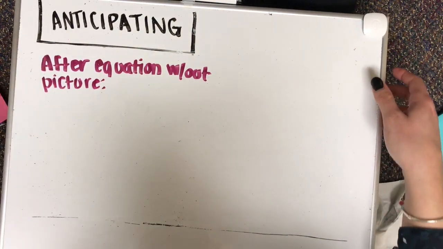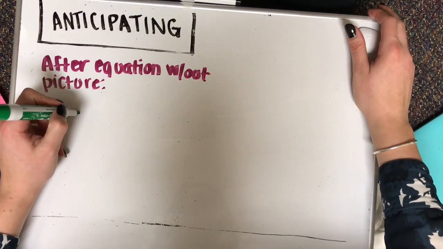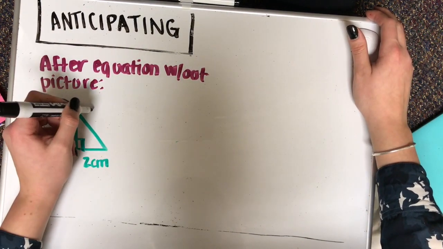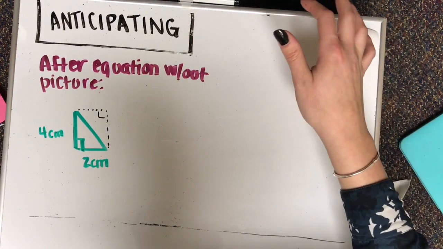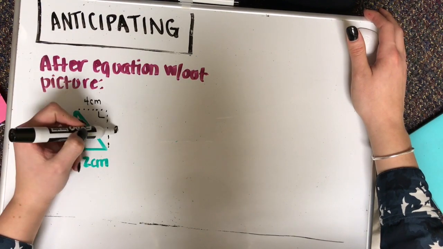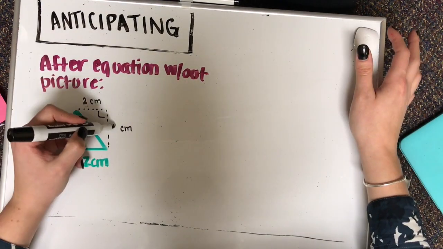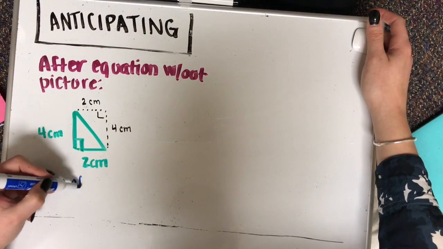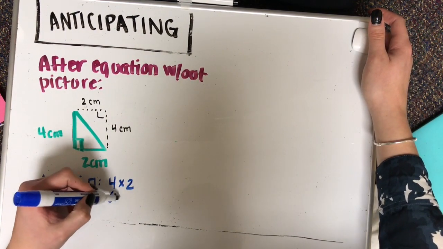So after you have the idea that students find it with the equation without the picture, you can anticipate that some students at least might possibly connect it through a square and build the other half of a triangle to get a square.